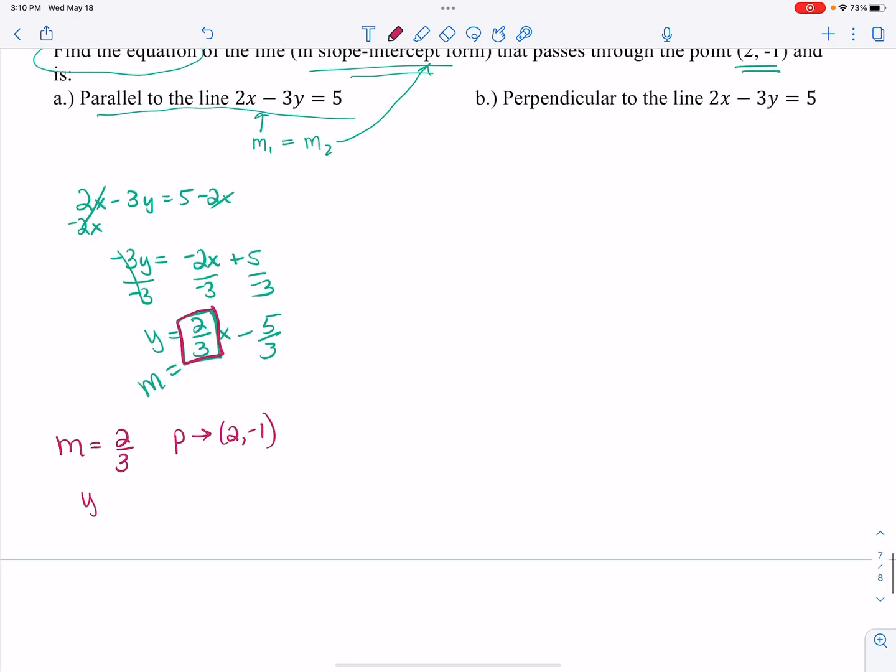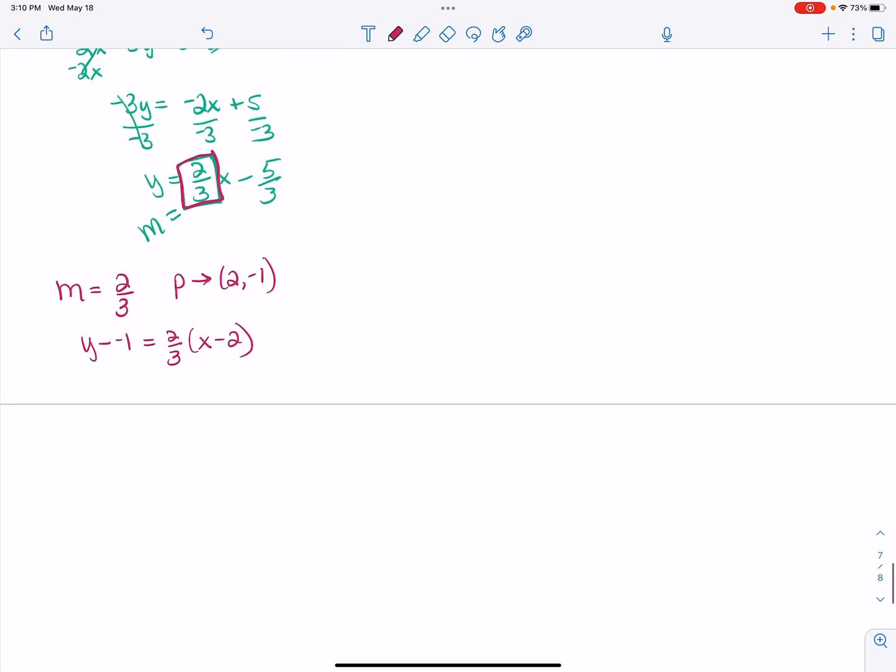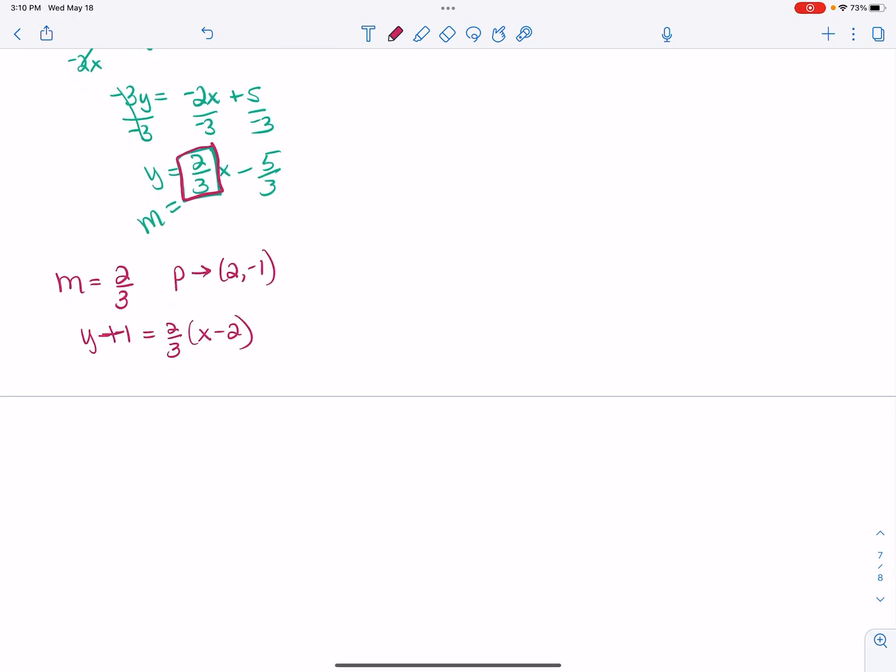Now I can grab my point slope form. And multiply or solve for y. And again, don't worry about the fractions. Multiply straight across. 2/3 times -2/1 is just going to be -4/3.